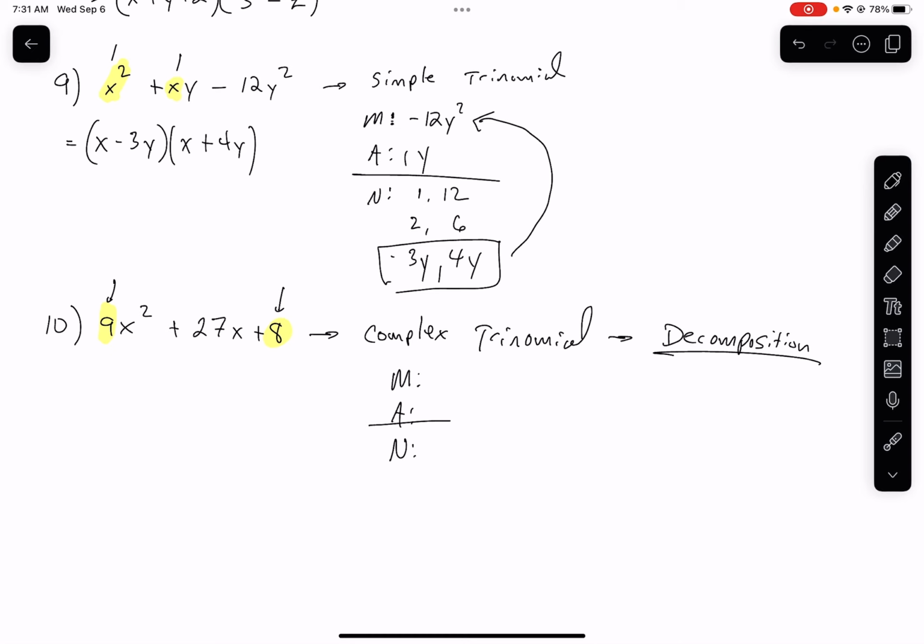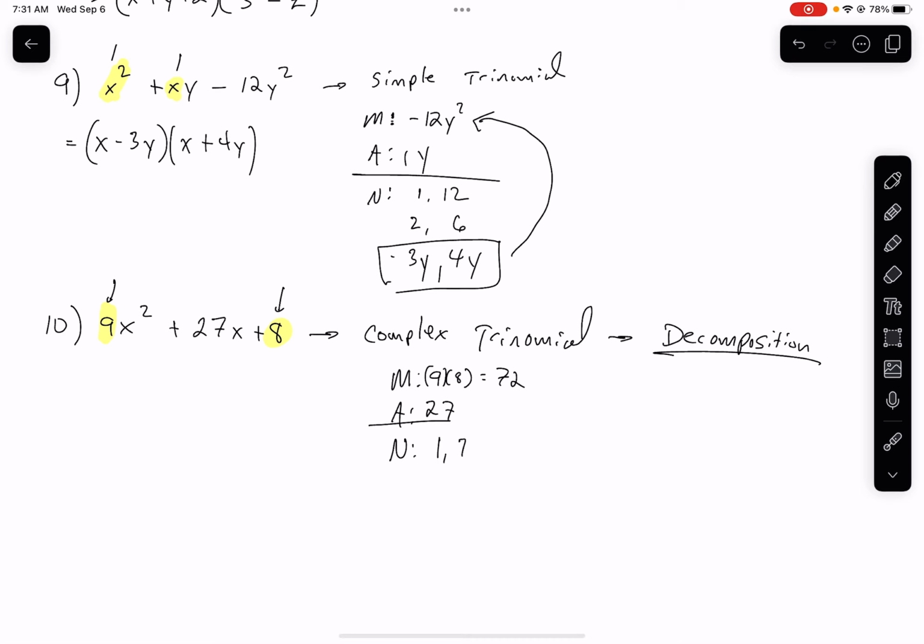It's just with simple trinomials, it's coincidentally just 1, and so it's always 1 times 8 in that particular instance, but in this case, we're going to be 9 times 8. Okay, so the condition that we're trying to satisfy is the fact that we're trying to multiply to 72 and add to 27.